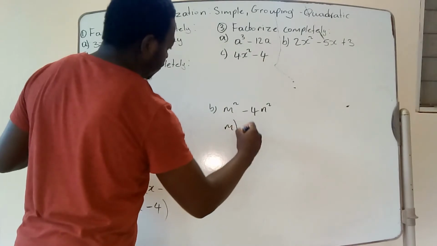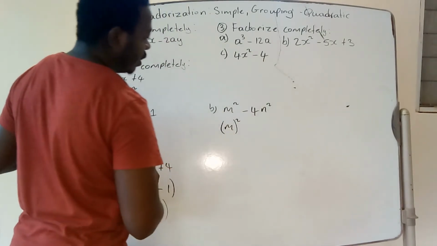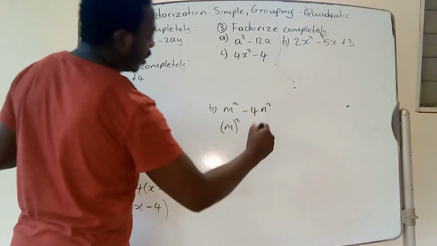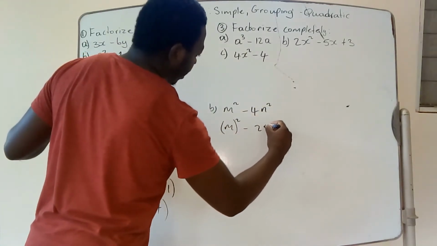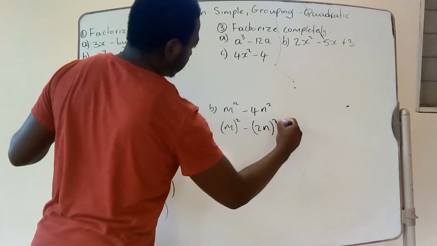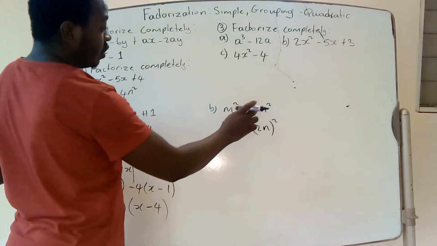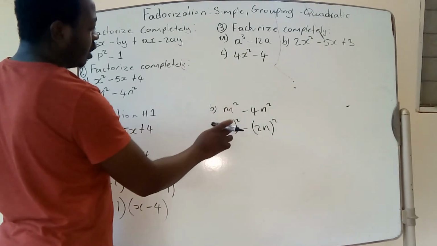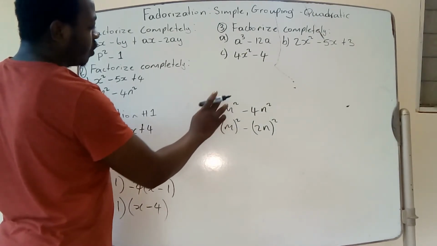They squared m. Right? What did they square to give us 4n squared? They squared 2n. 2n squared is just 4n squared, right? And m squared is just m squared, right?